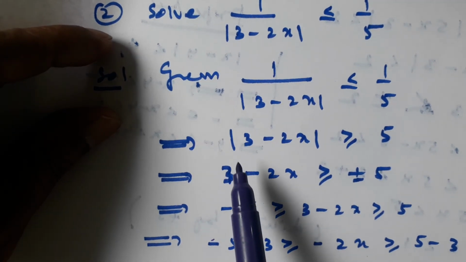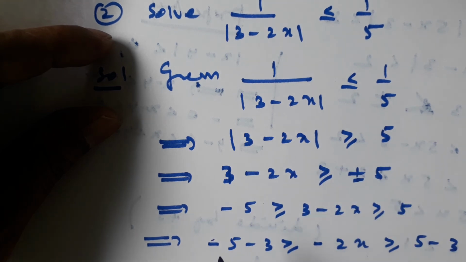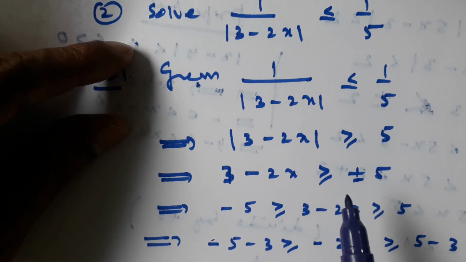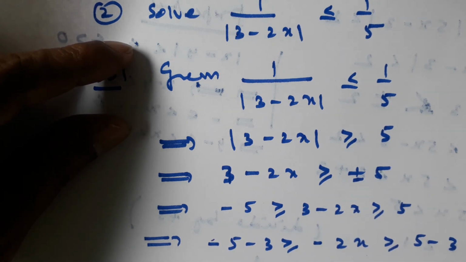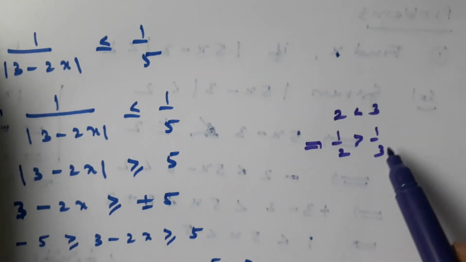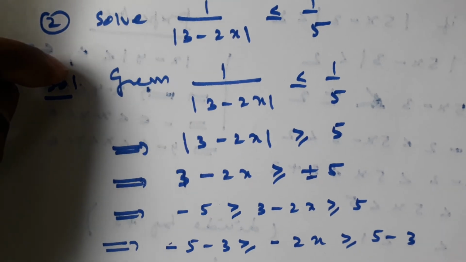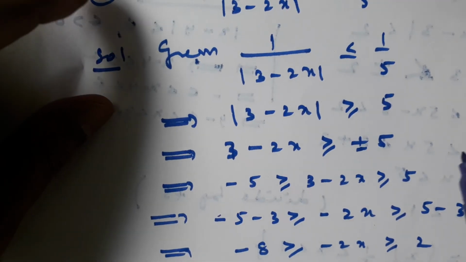So take the reciprocal: mod 3 minus 2x is greater than or equal to 5. Whenever we take the reciprocals, the sign automatically changes. For example, 2 is less than 3, but taking the reciprocal, 1 by 2 is greater than 1 by 3. So when we take the reciprocals, the signs change.